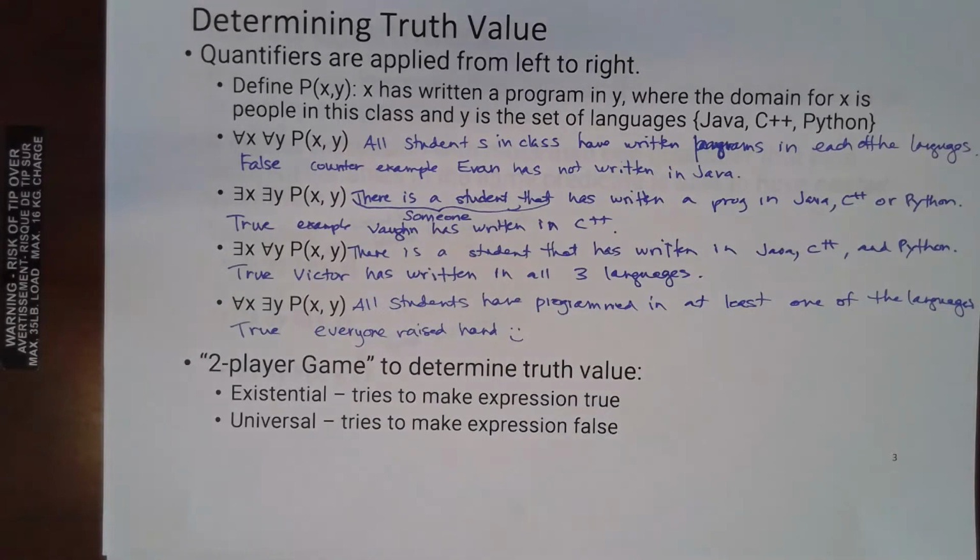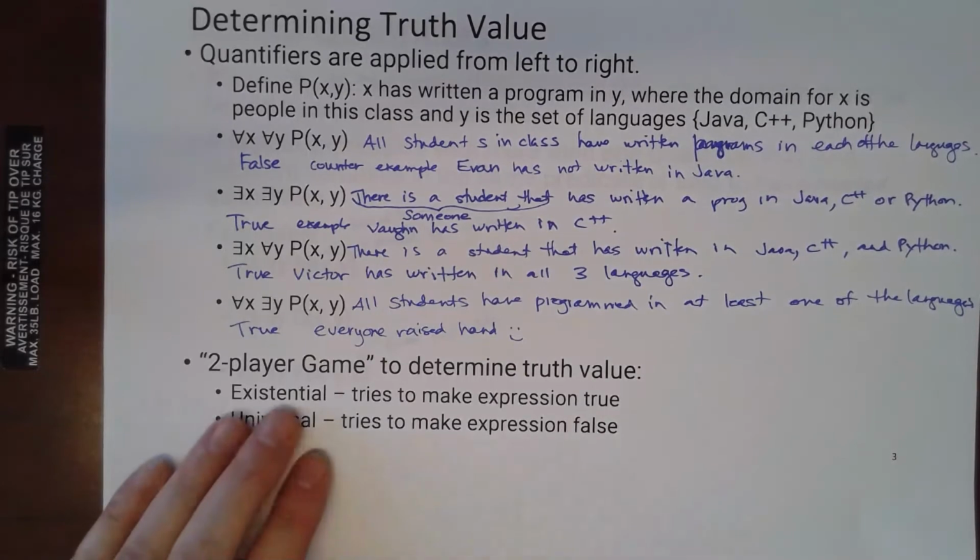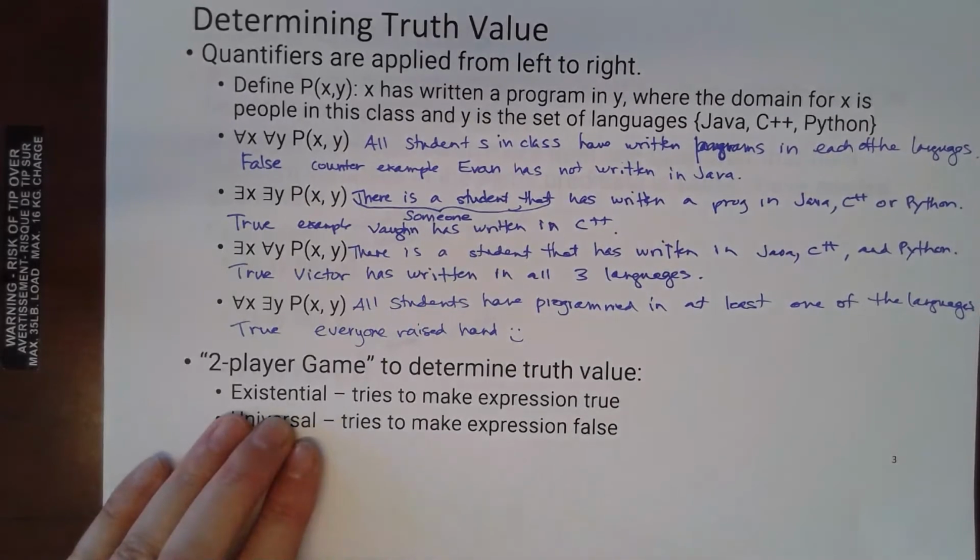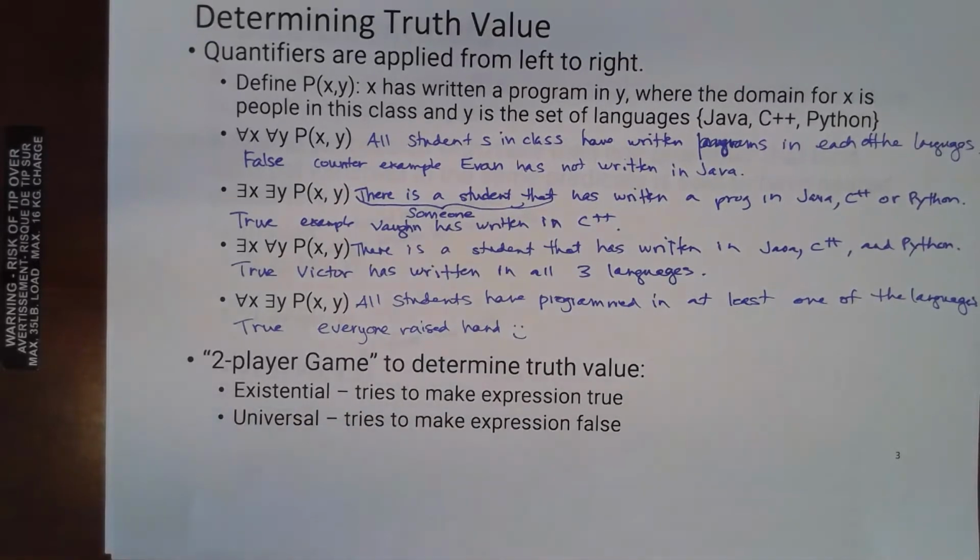They can work together sometimes, but sometimes they're working against each other. If we think about the existential quantifier, the easy thing to do is to prove it true. When I say there exists, I just need to give one example. Proving an existential false is the hard one, because you have to consider everything.